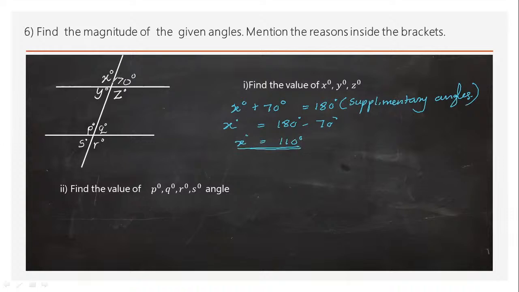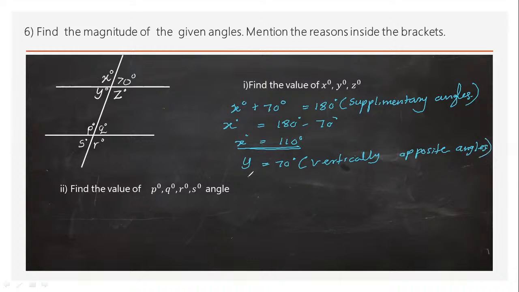If you know the x, then you can find the y and z. You know that y also you can straightly write 70. Vertically opposite angles, that is the reason.